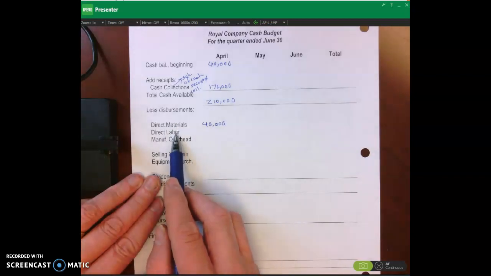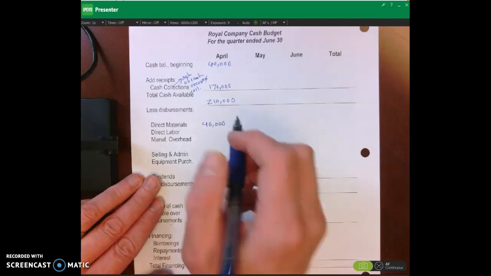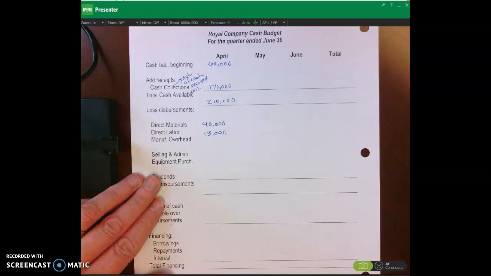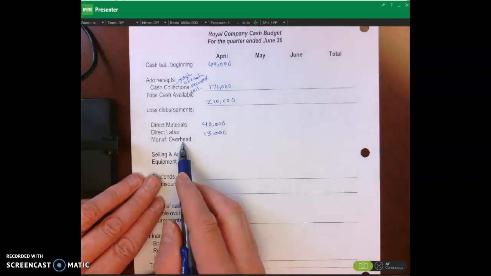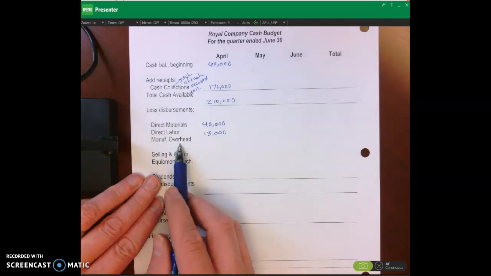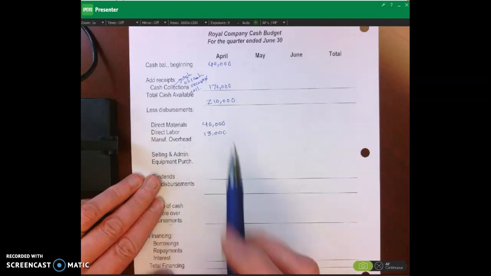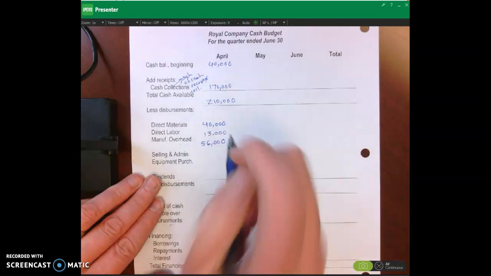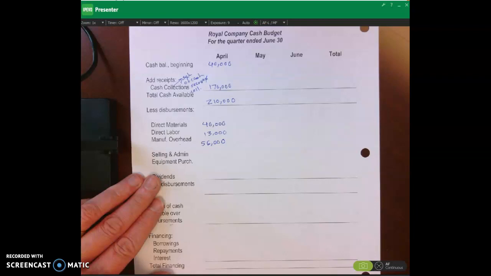Cash disbursements for direct labor, I'm going to go back and look at your direct labor budget, and you would see we were anticipating spending $13,000 in direct labor for April. Manufacturing overhead comes from the manufacturing overhead budget. Look at the manufacturing overhead budget, the cash disbursements for manufacturing overhead, and you would see we were anticipating spending $56,000 on manufacturing overhead for April.